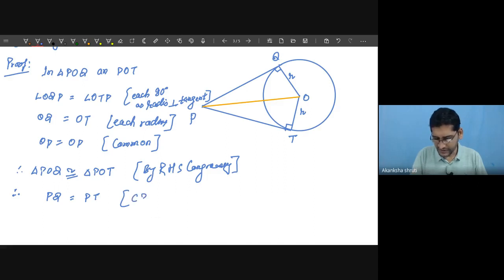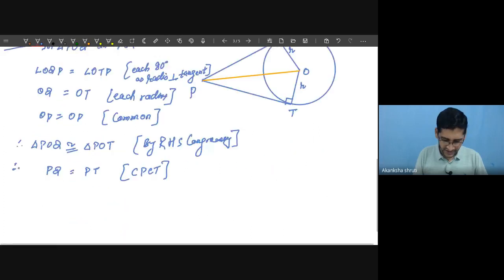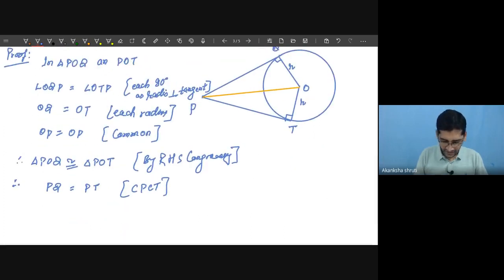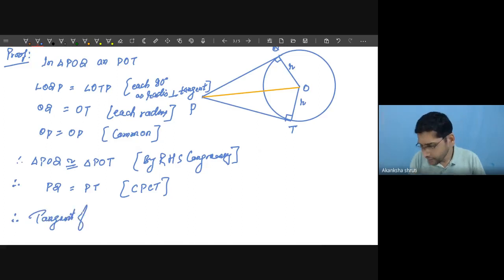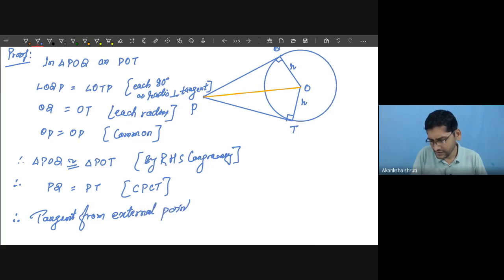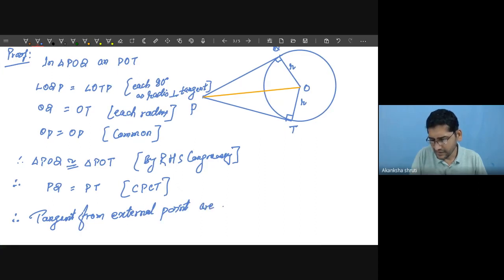It is called CPCT: corresponding parts of congruent triangles. Okay, so this way we have proved that the tangents are of equal length. Therefore, tangents from an external point are equal.